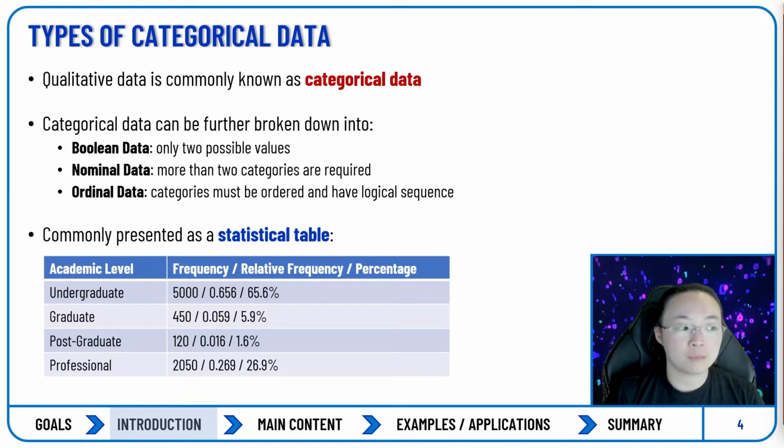So another example of ordinal data, apart from the undergraduate and academic level one that I have here, you can also have rankings and ratings for a movie, let's say, where you have poor, satisfactory, and excellent. These are three different types of categories, but there is a logical order to them from bad to good. So that would also be considered ordinal data.